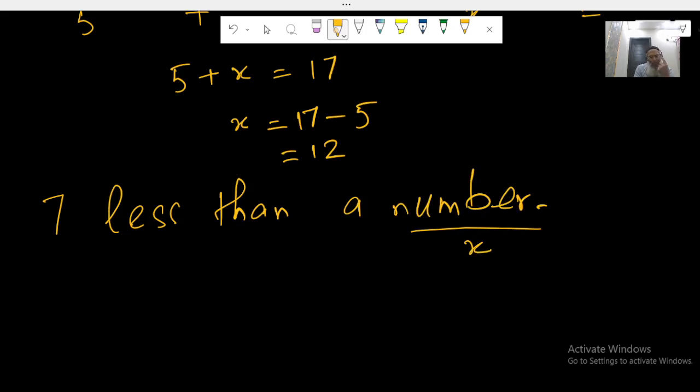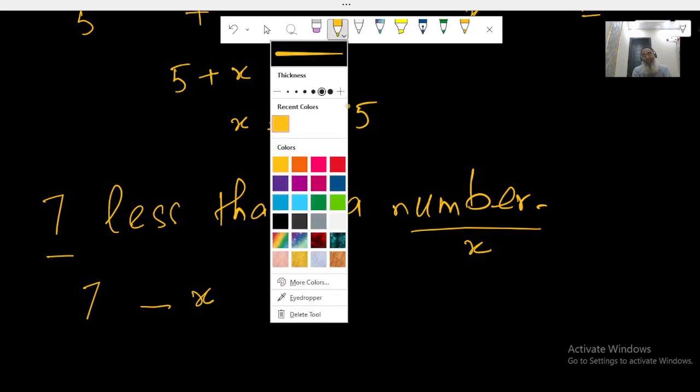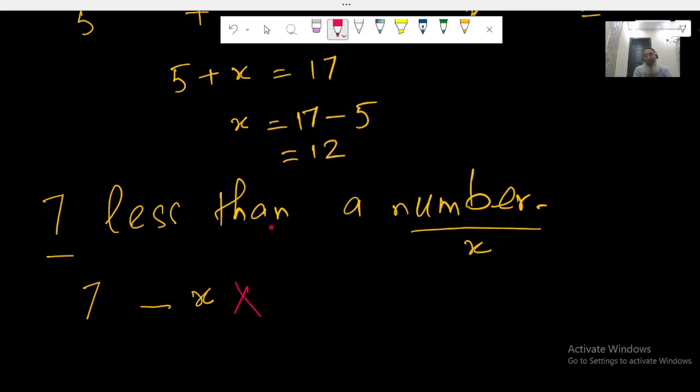So if I read it forward, I will write 7 less than, I mean minus x, so it will become 7 minus x. That is obviously wrong.